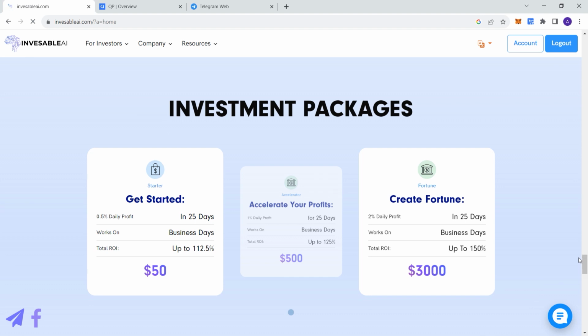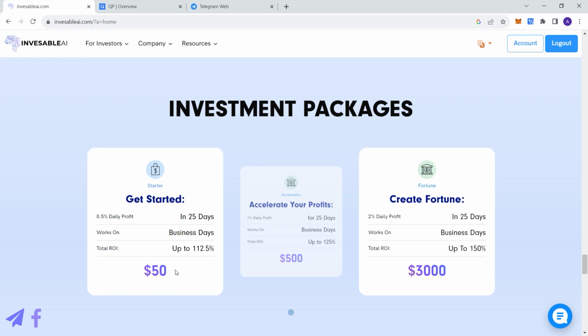There are 3 different plans when it comes to Invisible: 0.5%, 1% and 2%. Your money is locked up for 25 business days, which is equivalent to 5 weeks. At the end, they release that deposit and give it back to you, and you can do whatever you want with it.